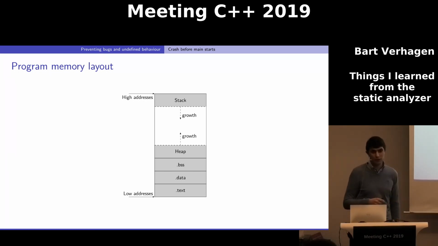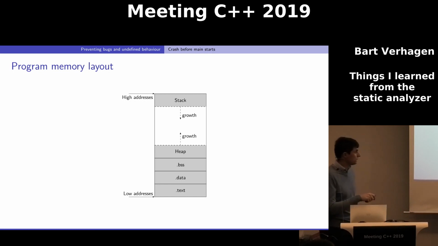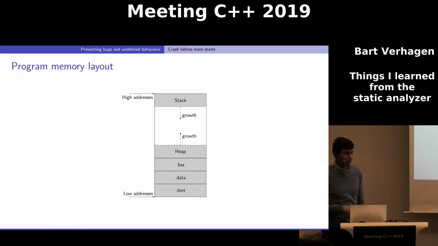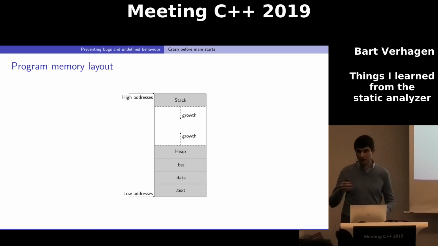Then your .data, which is the initialized static and global variables, and which may or may not be copied from your executable depending on how it is initialized, or it may be a function call. Then there is the BSS, which is also global and static variables, but the uninitialized ones. Only then is the stack initialized, and only then is main called.